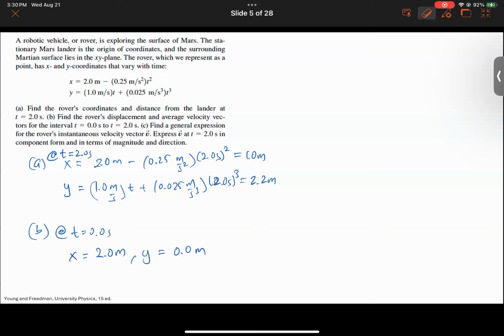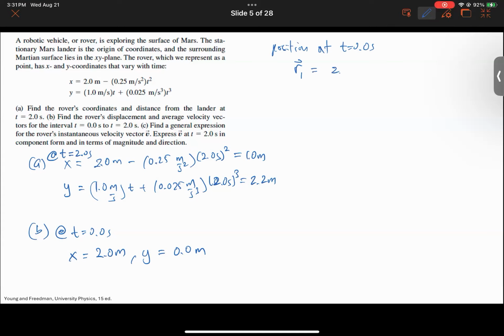Okay, then ang pinapahanap dito is the rover's displacement and average velocity. Okay, so now we write this in terms of yung position vector. So yung position at t equals 0.0 seconds, let's say that's R1.